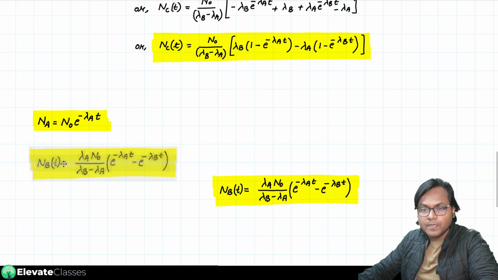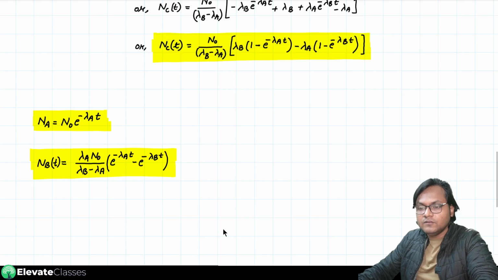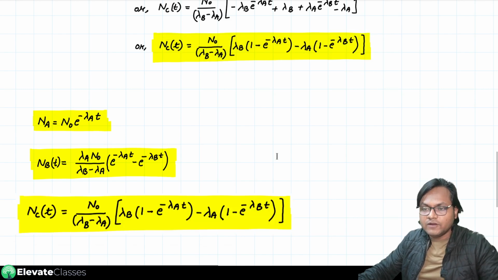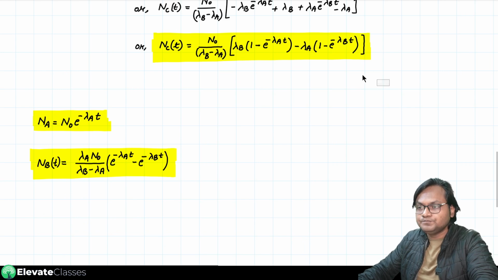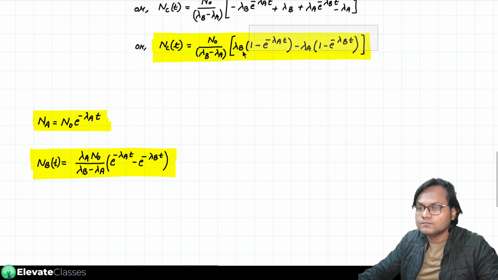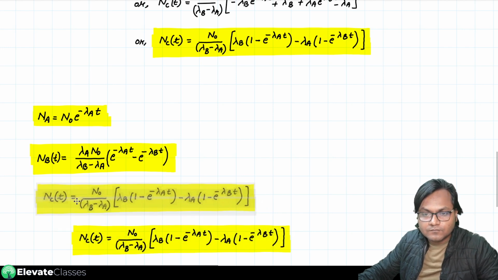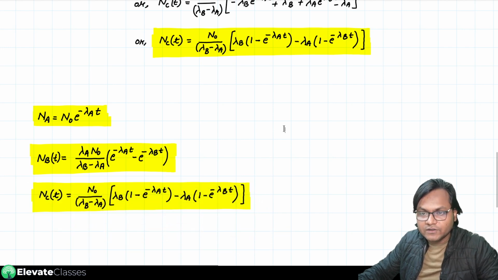And finally, we have this expression, which is the number of final stable nuclei at any given point in time. There we have it. These three important expressions.